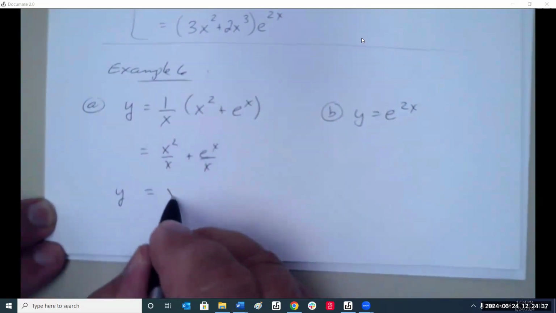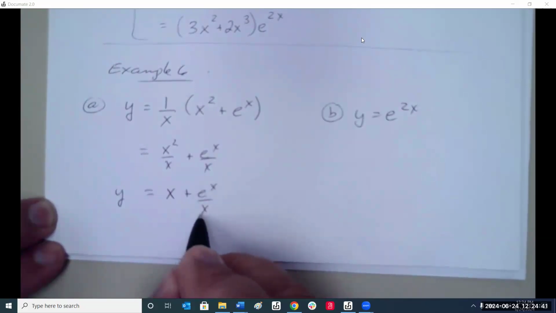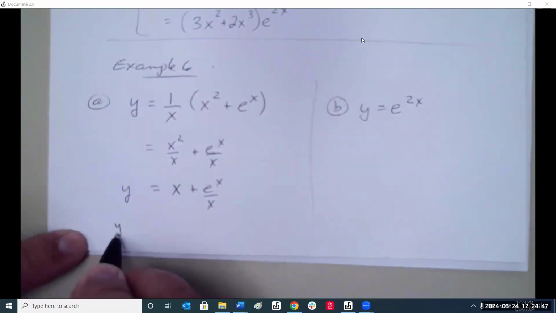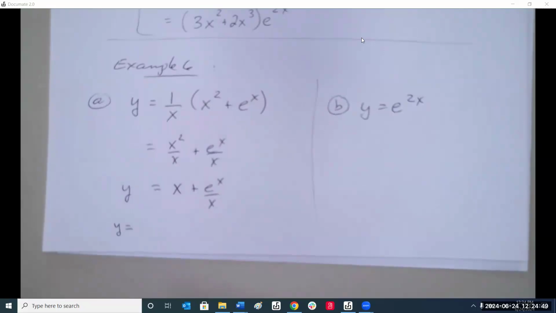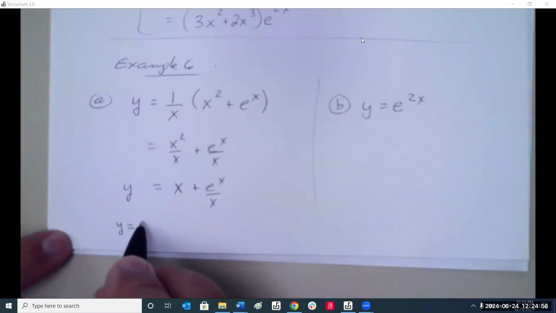X squared over x is simply x. The derivative of x is what? One.